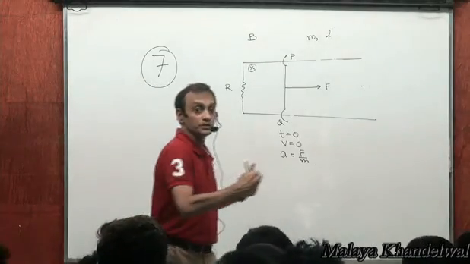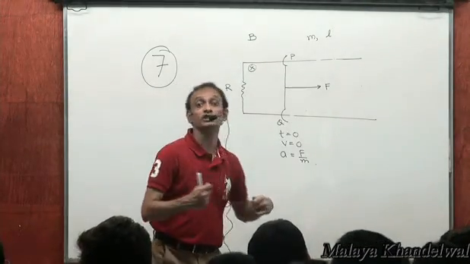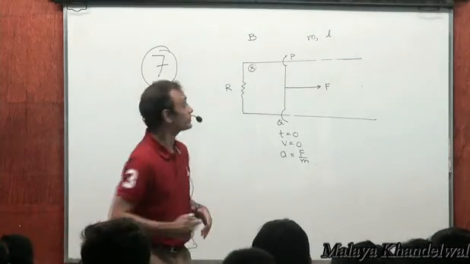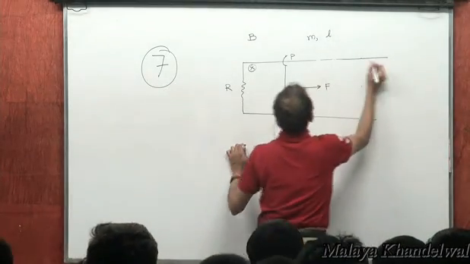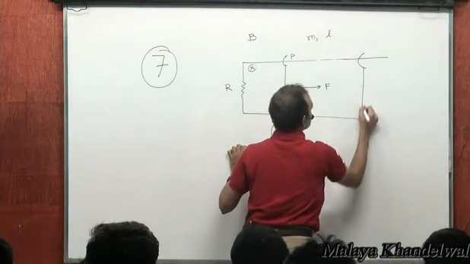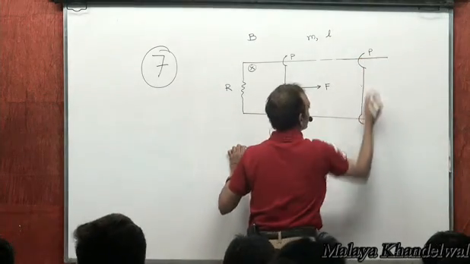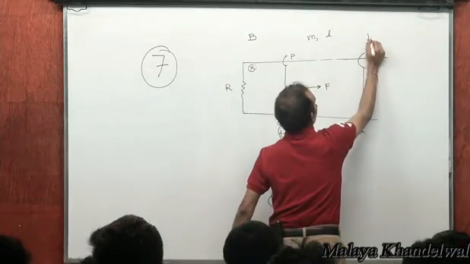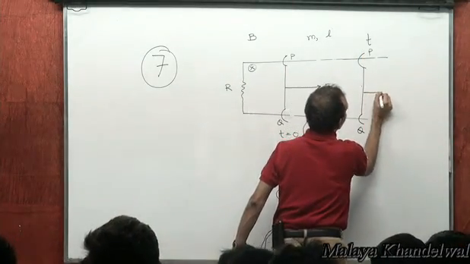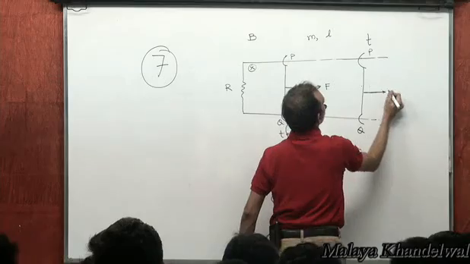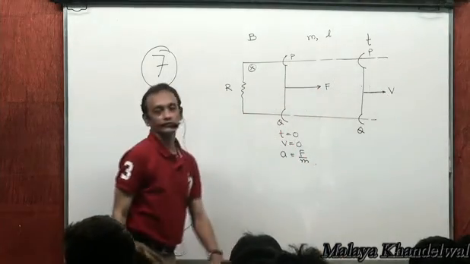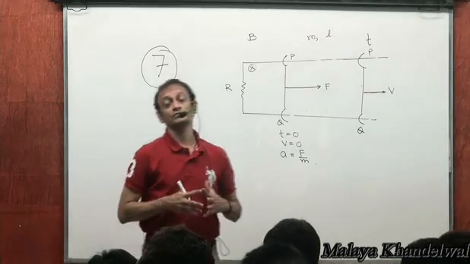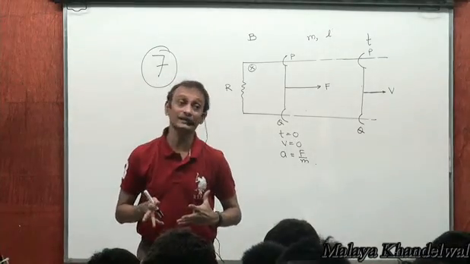Now when it's pulled to the right, this acceleration leads to build-up of a velocity. So t seconds later, say PQ comes here, and PQ would have developed a velocity v. Now it's a moving conductor in a magnetic field.